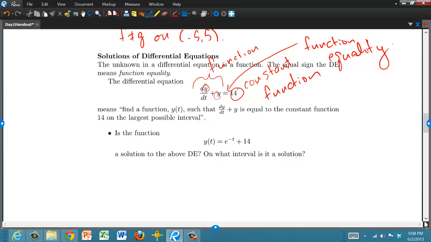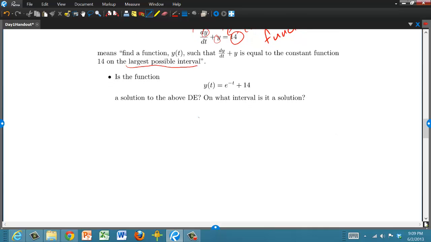Now, in differential equations, we never say what interval I'm talking about. We always just mean find y of t such that dy/dt plus y is equal to 14 on the largest possible interval. So find me the biggest possible interval where dy/dt plus y is 14.